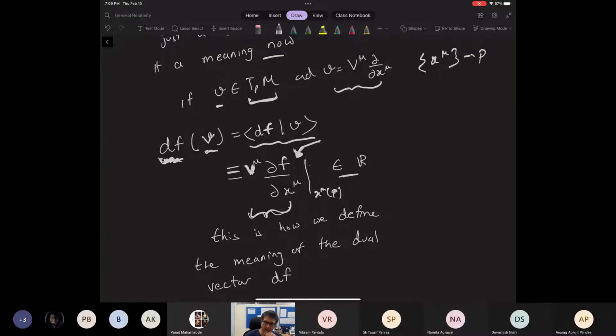This gives us a prescription for how to pick a particular dual vector at every point on the coordinate patch.